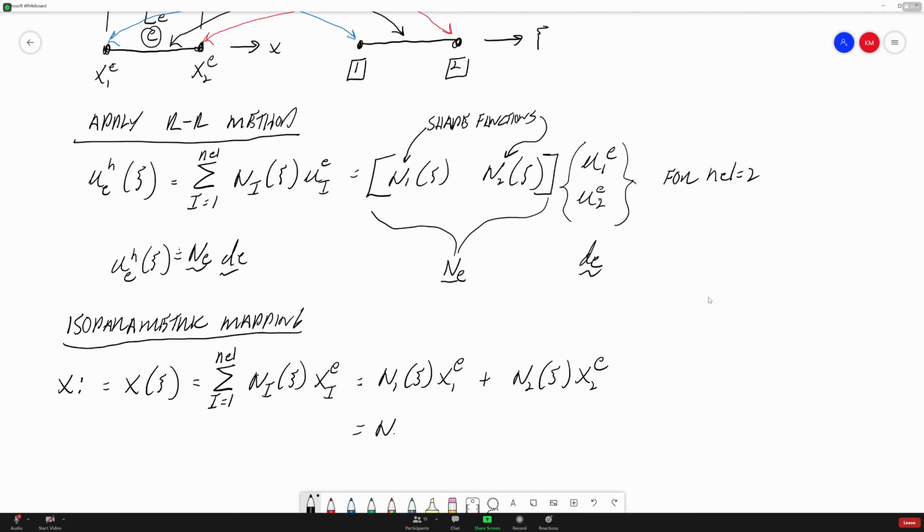And this will give you N1(psi), N2(psi), and x1^e, x2^e. This is 4, now equals 2.